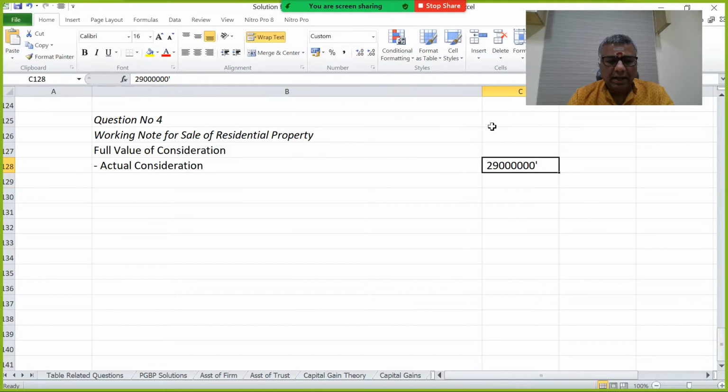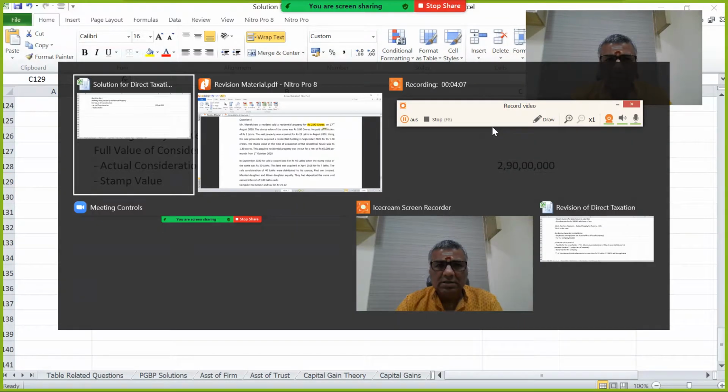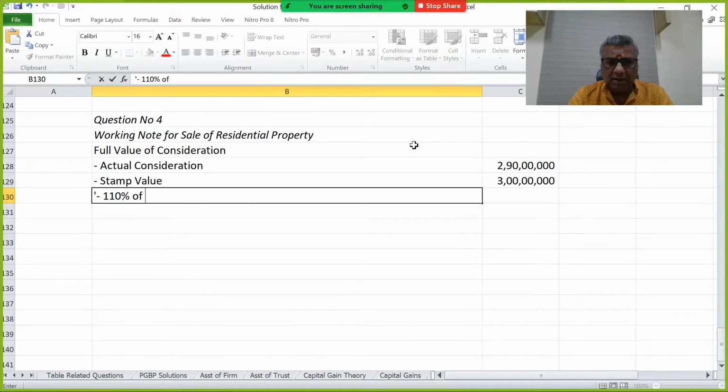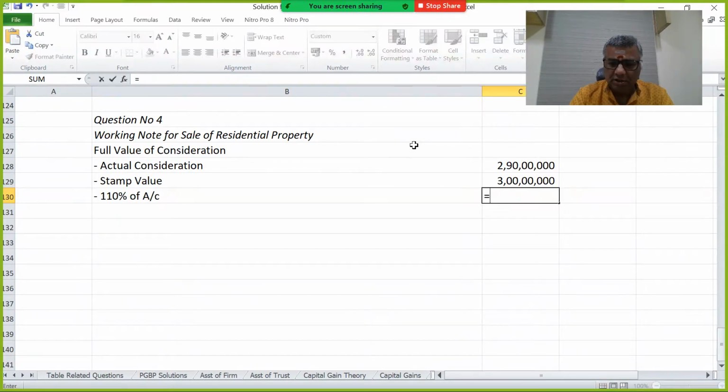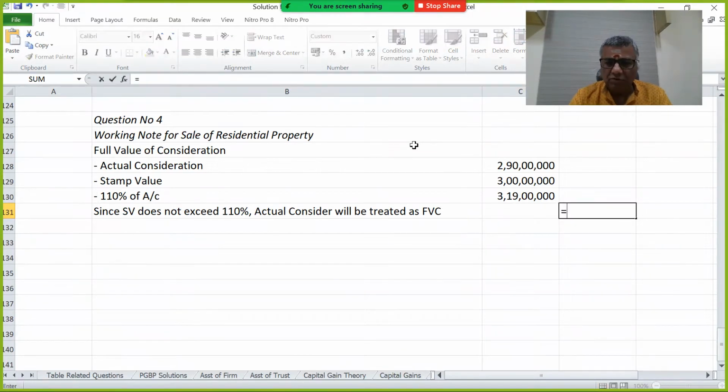Stamp value is 3 crores. 110% of actual consideration is... since stamp value does not exceed 110%, actual consideration will be treated as FVC, full value of consideration.